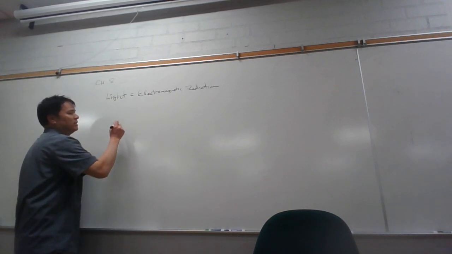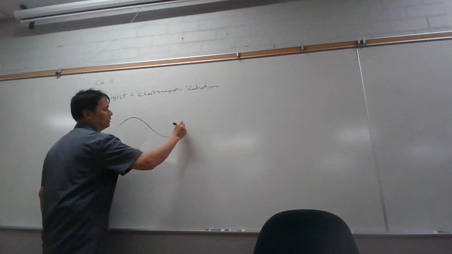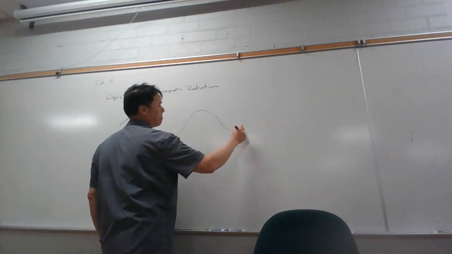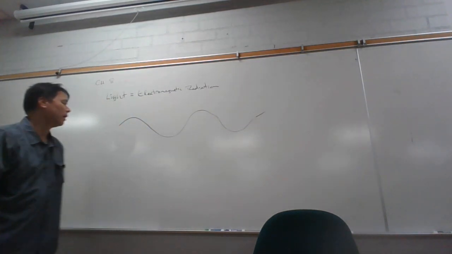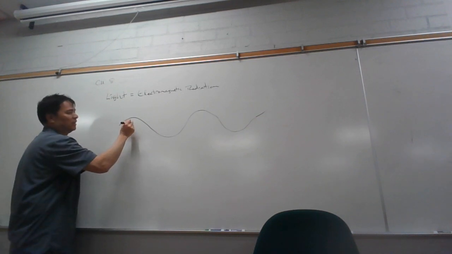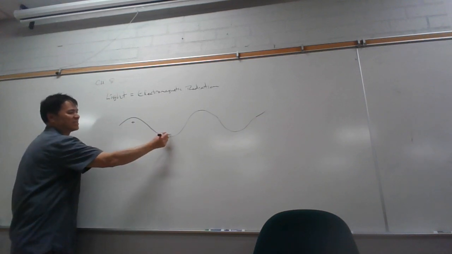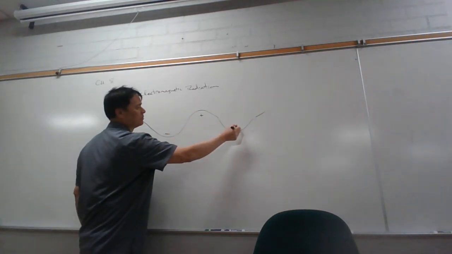And what light is, it consists of oscillating electric fields and oscillating magnetic fields. An oscillating field just means in one instant it's positive and in the next instant it's negative. So we just oscillate between positive and negative.